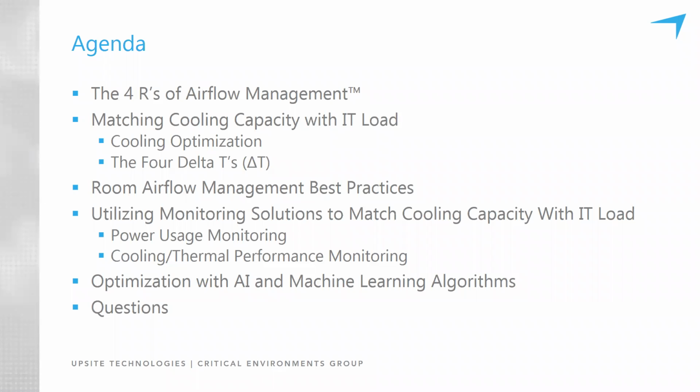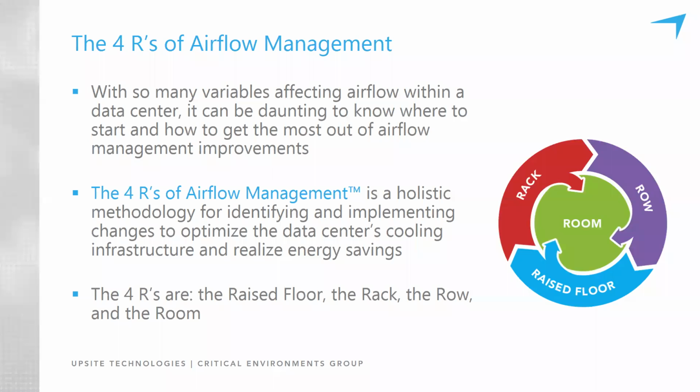All right, so the 4 R's is a concept that we developed to help focus efforts around both airflow management and cooling optimization. You see the 3 R's are in the outer circle: the rack, the row, and the raised floor. Each of those is an aspect of airflow management in the computer room that can be focused on. Projects can be initiated to really focus on rack airflow management or row or raised floor.